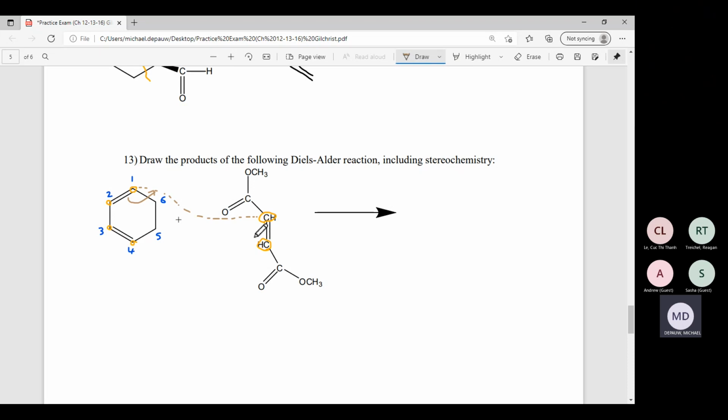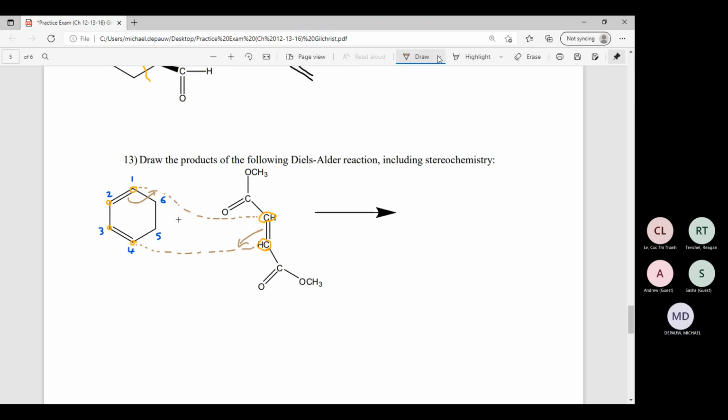And these electrons are then going to come and form a bond with number 4 here. That's going to give you a 6-membered ring, but we also have carbons 5 and 6 attached to that as well. So this is actually going to be a bicyclo compound.